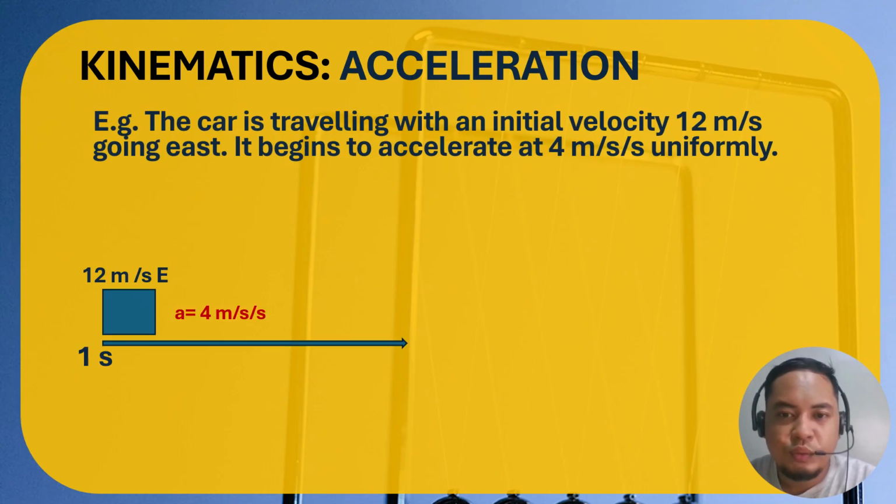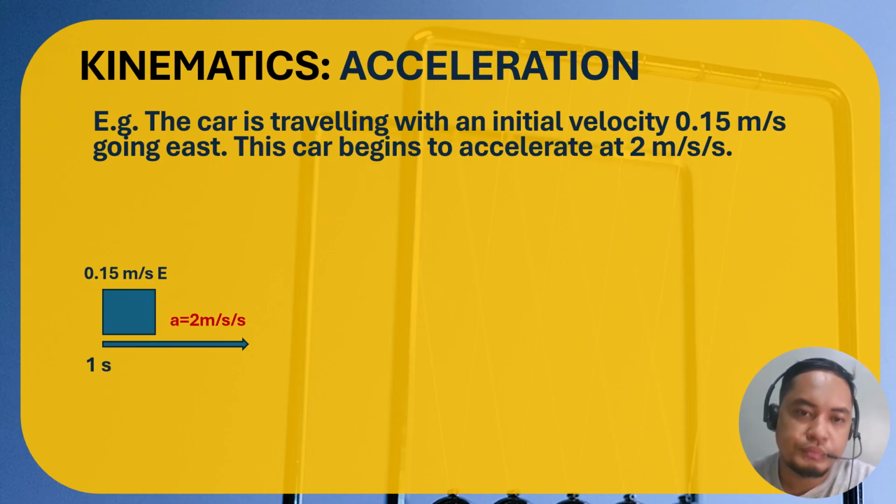The car is traveling with an initial velocity of 12 meter per second going east. It begins to accelerate at 4 meter per second squared uniformly. Same in this example, the car is traveling with an initial velocity of 0.15 meter per second going east, and then the acceleration of the car is 12 meter per second squared.